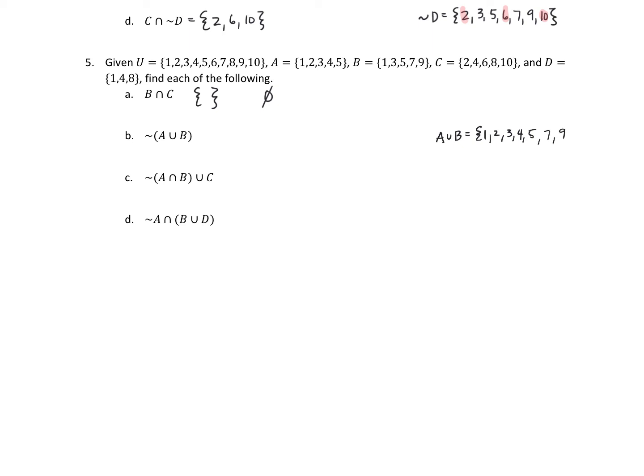So we just need to put on a 7 and a 9. So there's A union B. What we want to find is the complement of that. So we're going to go to the universal set and mark out all of those. So 1 through 5, and then 7 and 9, and whatever is left is in the complement of that union. So that would include 6, 8, and 10.